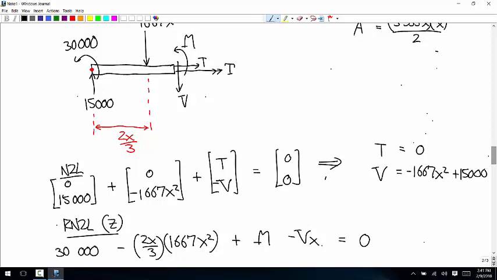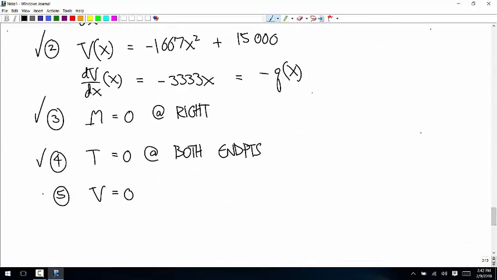Is it because that is attached to the wall? Yes, the wall is applying that vertical point force to the beam. So plug 0 in for x, and V is 15,000 on the left, so that is what we expected. And plug in 3 for x, you get 9 times this. That's probably about 0. So that one works.